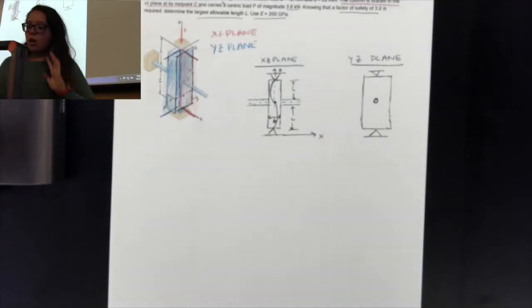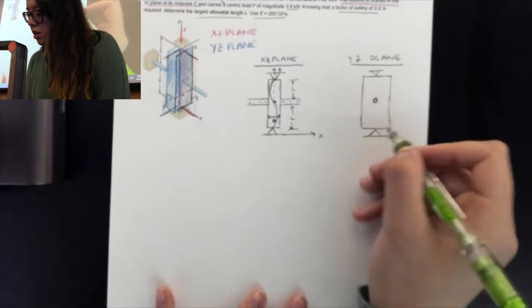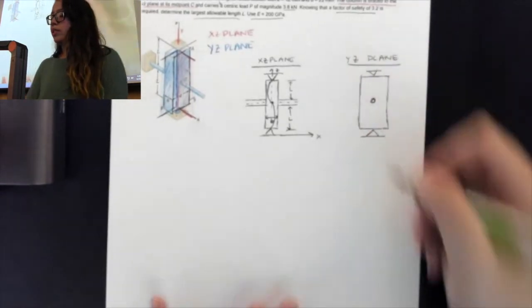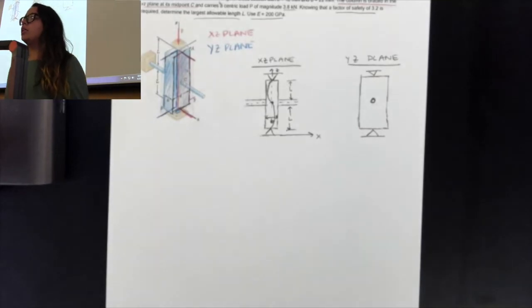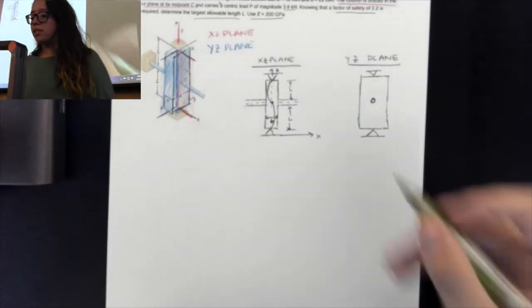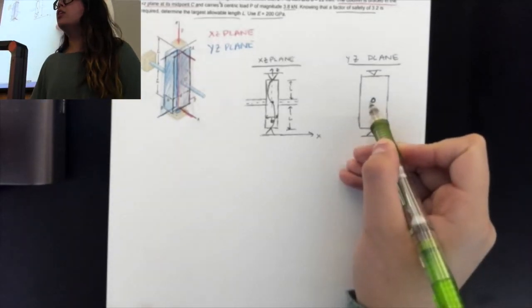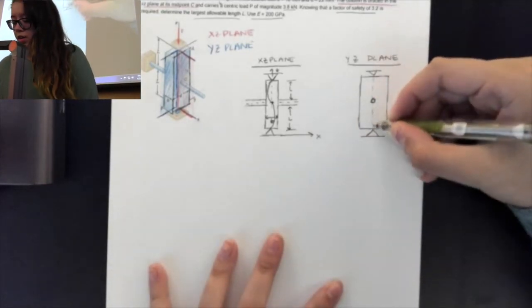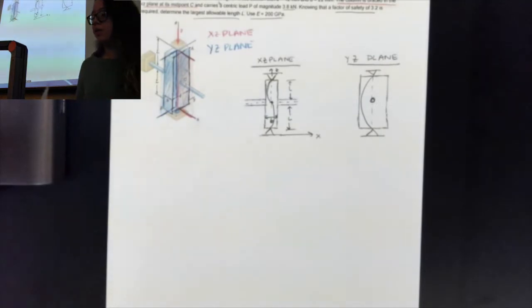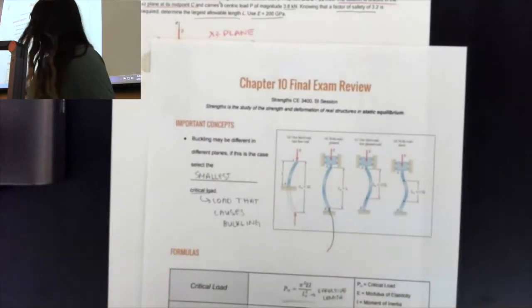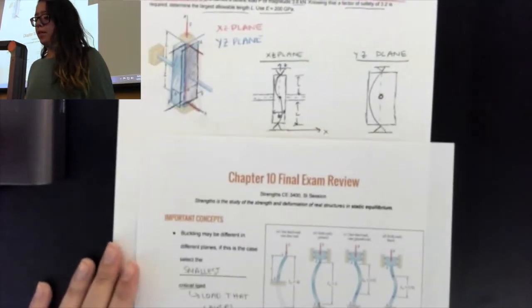All right. So we're going to go through the same process. What did we say these ends were? Pin, pin, right? So this one's going to behave the same way, except we don't have this brace in the middle, so it's fully free to move right there. It's going to come out just like that, just like we talked about our pin, pin looking. Does everybody see that?